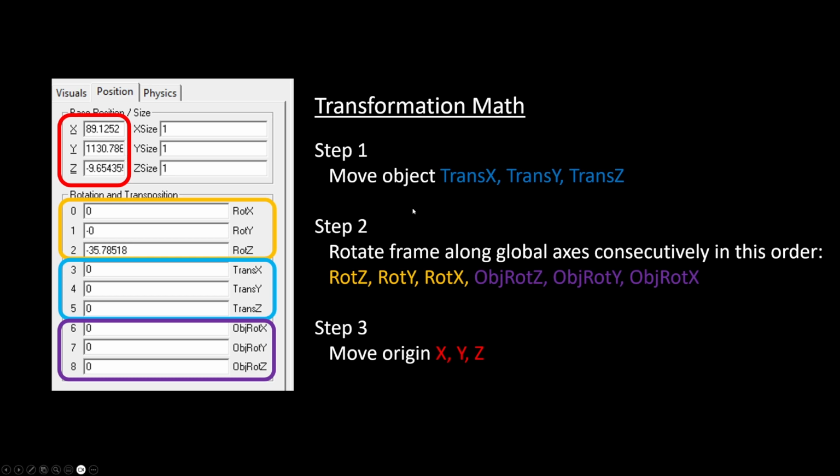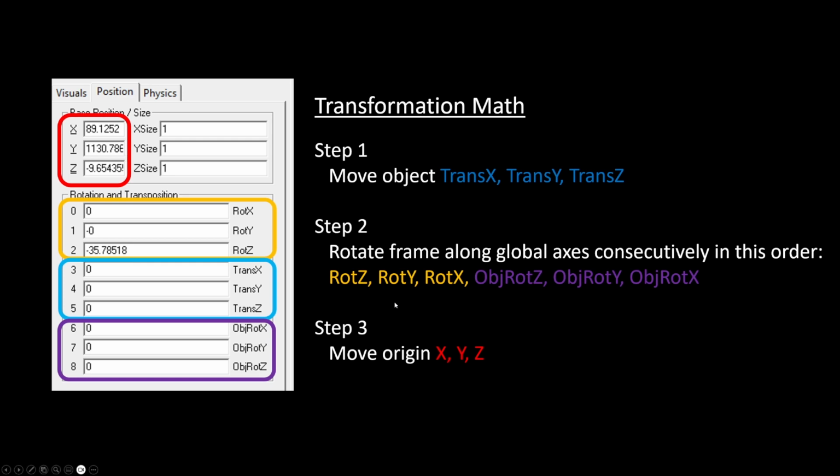But in the next step, what we're doing is rotating the frame along global axes consecutively. In this case, order definitely does matter. And the order that VPX uses is shown here from left to right.